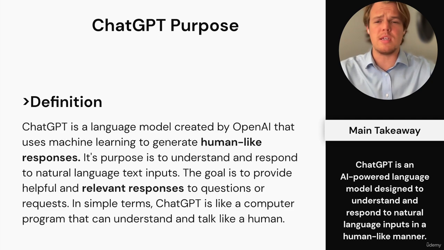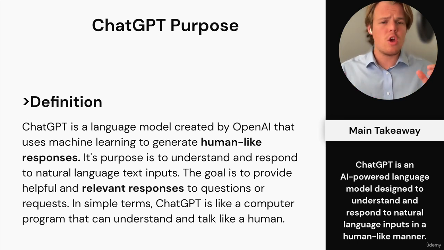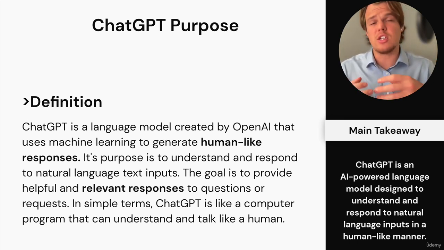So ChatGPT, if you're not familiar with it already, is a human-like language software that we're able to talk to like a chatbot, but the responses are a lot more advanced than we've seen in the past. What we need to take from this is the idea that we should treat ChatGPT as if it was an expert in any field.